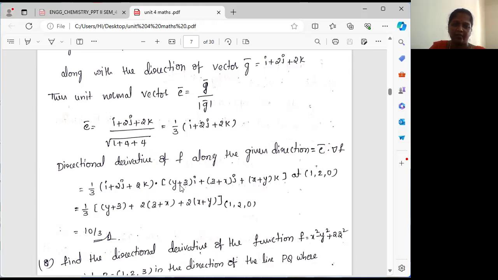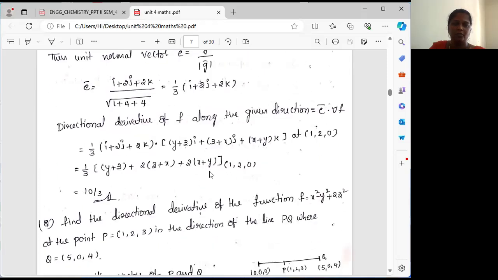So 1 by 3 into (y plus z), then j dot j is 1, so 2 into (z plus x), plus 2 into (x plus y). Substituting x equal to 1, y equal to 2, z equal to 0, it equals 10 by 3.